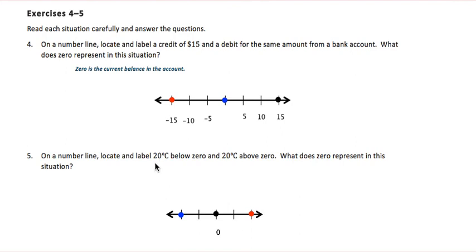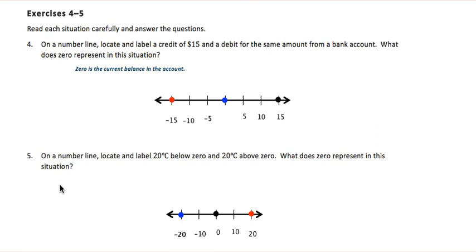And then since we need to go to 20 degrees, and we only have 2 intervals to get there, 1, 2, each interval must represent 10 degrees. And so we have 20 degrees below 0, which is our blue point, and 20 degrees above 0, which is our red point.